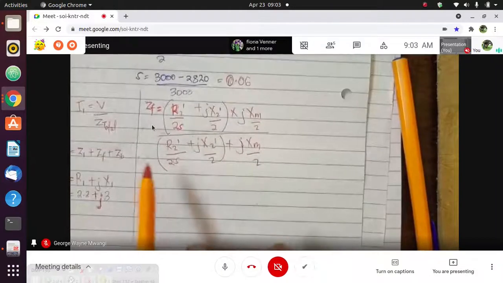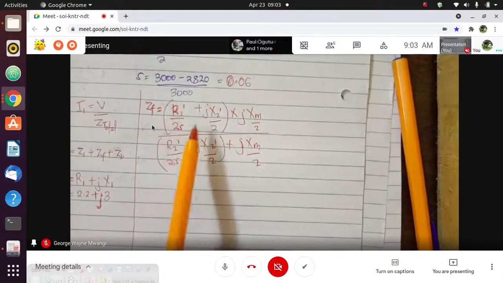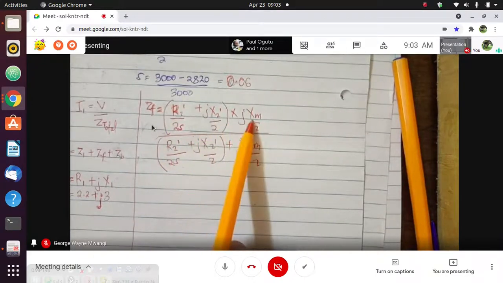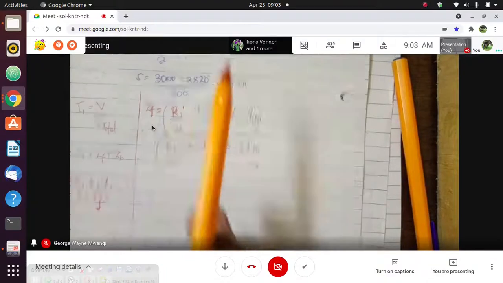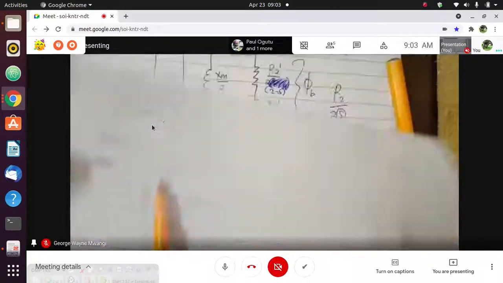Let's replace the values, because we already have the value of the rotor resistance, the rotor reactance, and the magnetizing reactance. We have been given R2, X2 and Xm in the question.